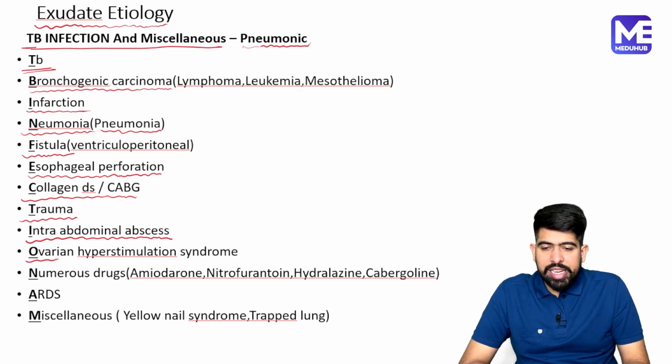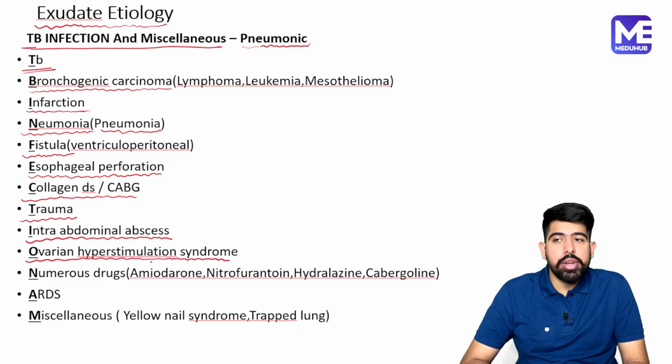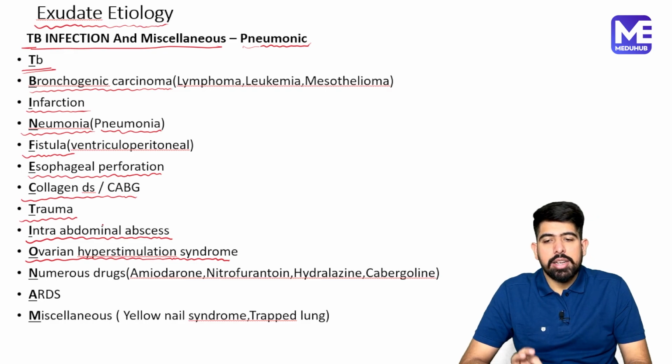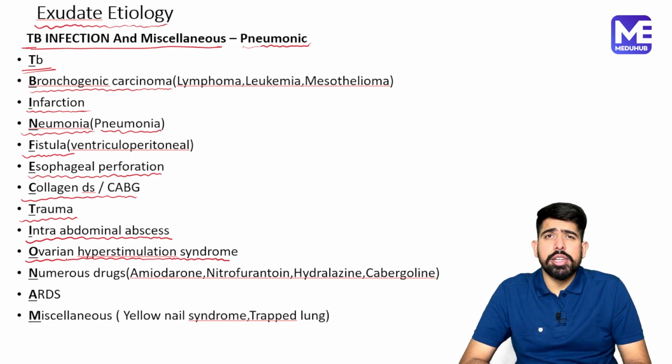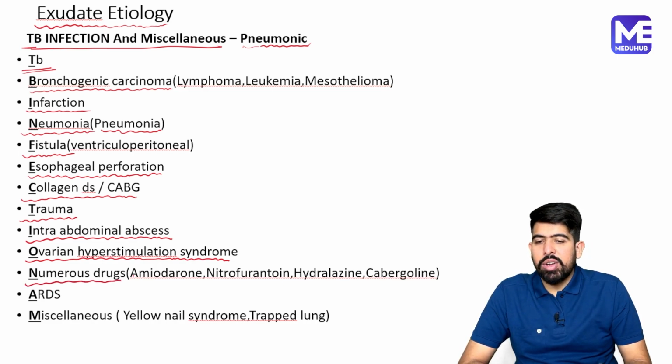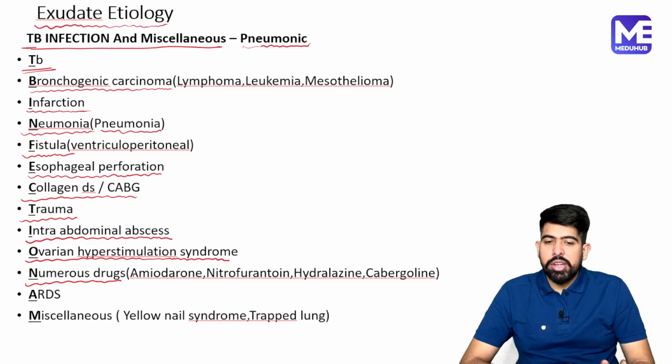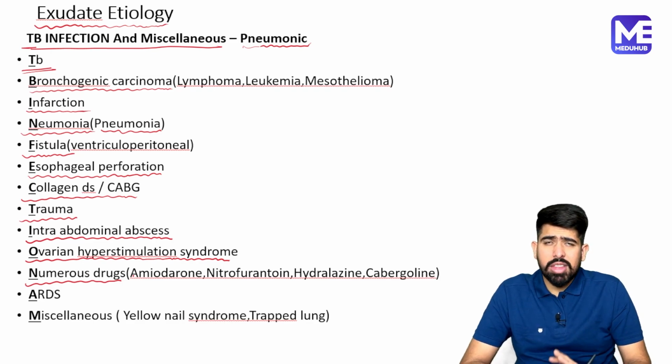And ovarian hyperstimulation syndrome, OHSS. I hope you read about OHSS in obs and gynae, right? From ovarian hyperstimulation syndrome we are also seeing exudative pleural effusion. And numerous drugs, as we already talked about amiodarone, nitrofurantoin, hydralazine, cabergoline, all cause this exudative pleural effusion. And ARDS, acute respiratory distress syndrome, is also a cause.